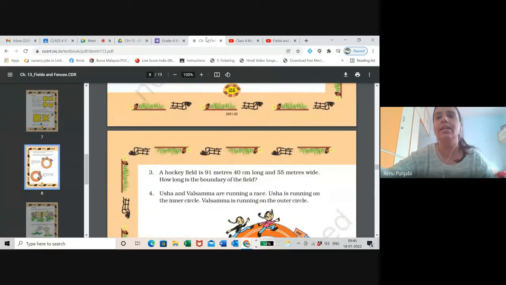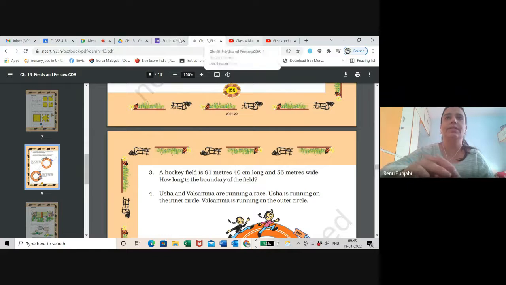A hockey field is 91 meters 40 centimeters long and 55 meters wide. How long is the boundary of the field? 91 meters 40 centimeters long, 55 meters wide. How long? That also you have to find out. See, wait a minute.